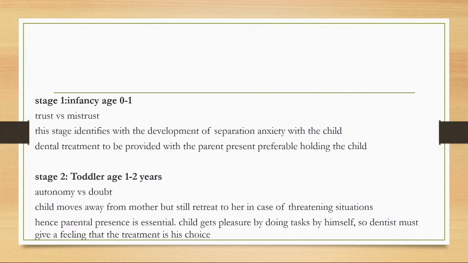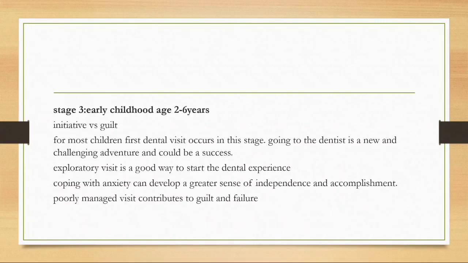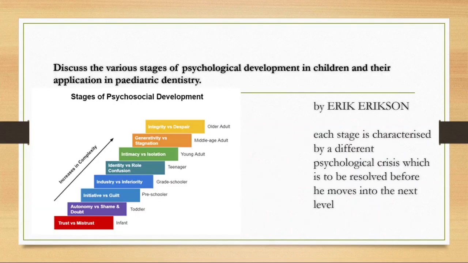The child moves away from the mother but still retreats to her in case of a threatening situation, so parental presence is essential. The child gets pleasure by doing tasks by himself, so the dentist must give a feeling that the treatment is his choice.